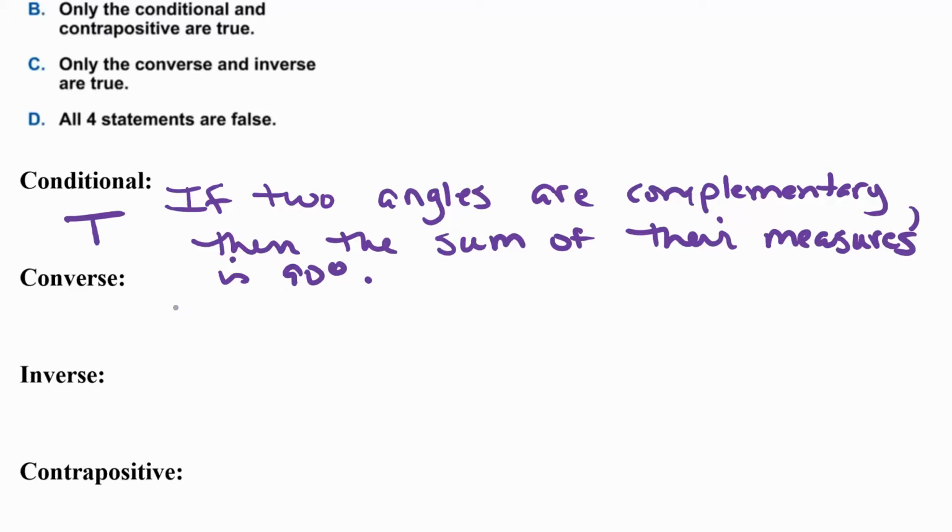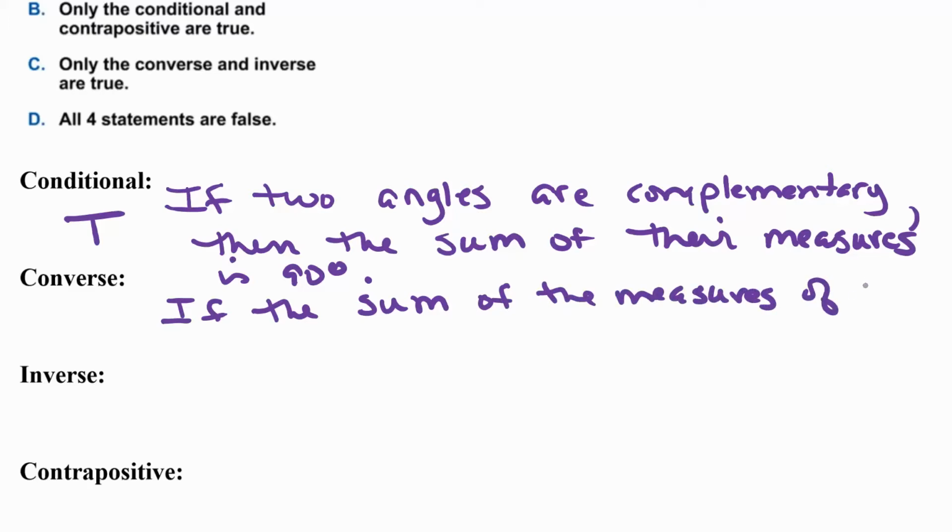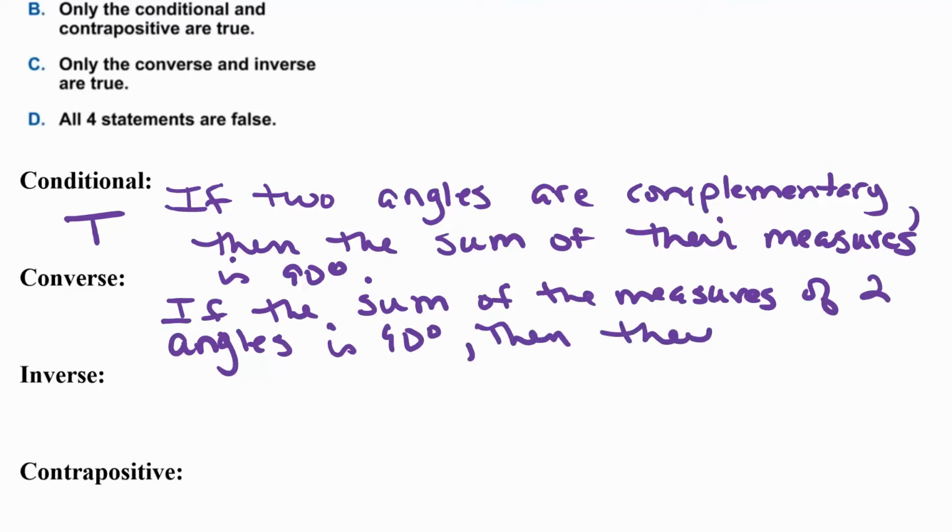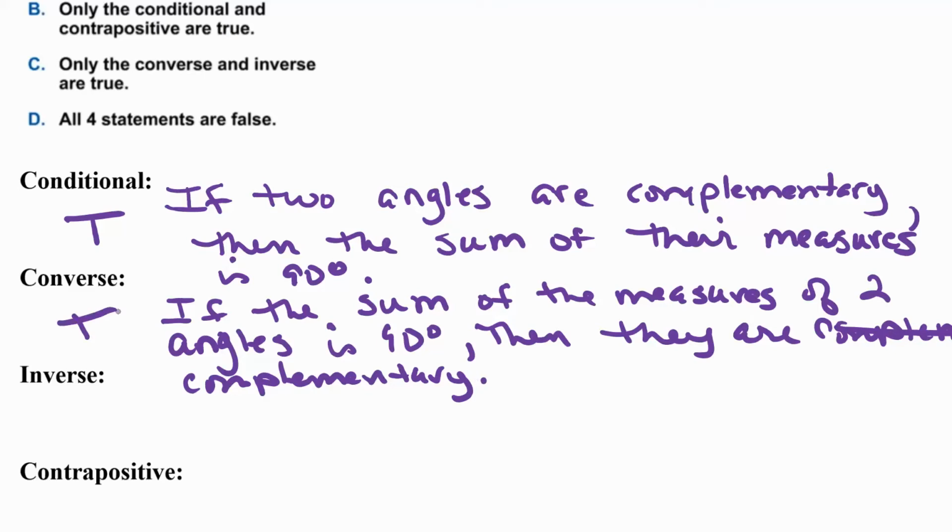The converse would be if the sum of the measures of two angles is 90 degrees, then they are complementary. And that's true.